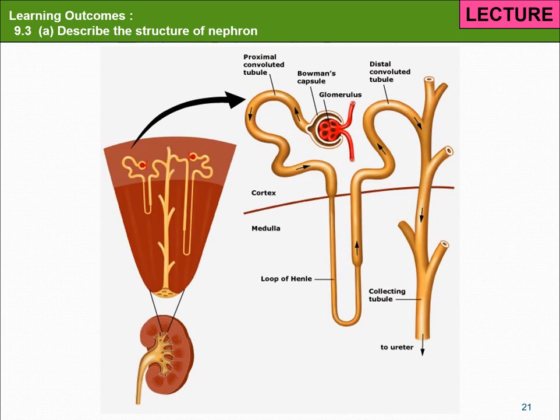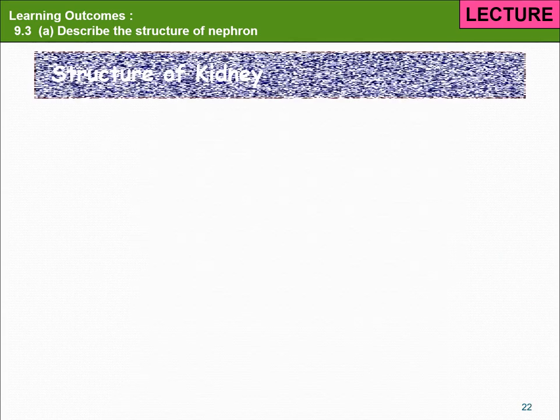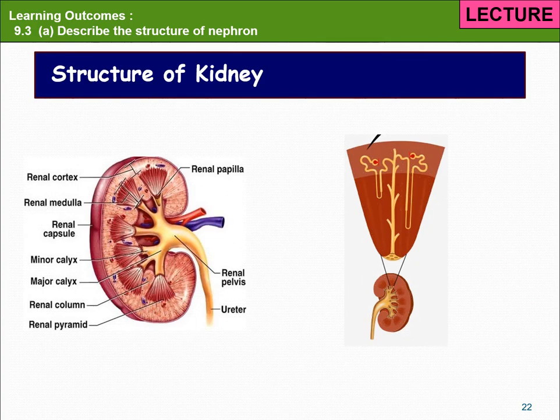This is the structure of the nephron. Nephron is the functional unit of the kidney. Nephrons can be found in the medulla parts of the kidney, and there are about 1 million nephrons in each human kidney.